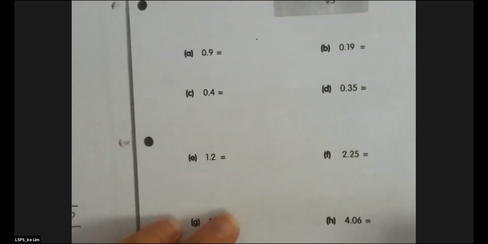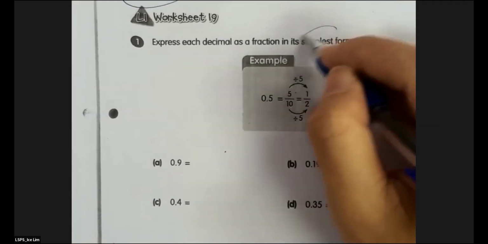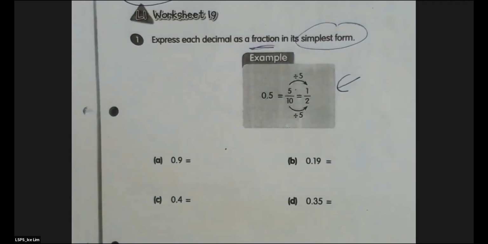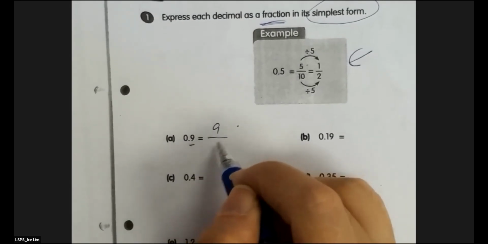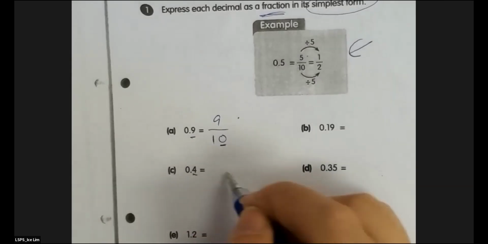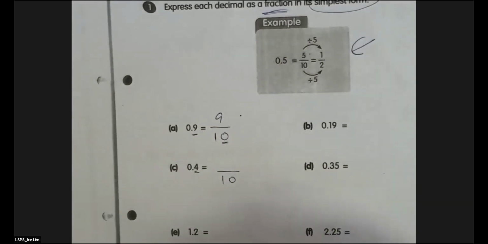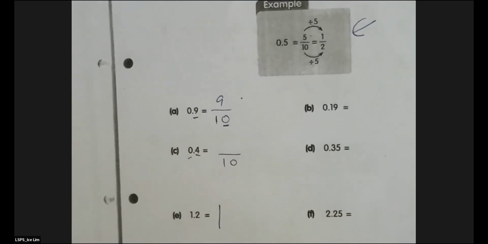Okay, go on. So here the clue already given to you: convert to simplest form in fraction. So 9, the number of places tells you the denominator, how many zeros. That's the clue. So there's one place. No whole, keep the whole as it is.